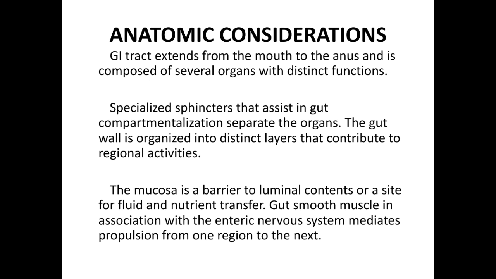Here, the mucosa is a very important barrier to luminal contents and a site for fluid and nutrient transfer. The smooth muscle, in association with the enteric nervous system, mediates the propulsion from one region to the next.